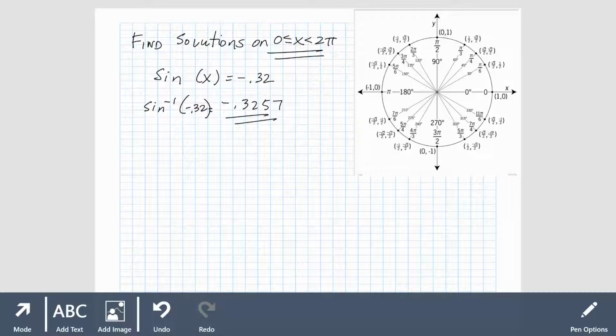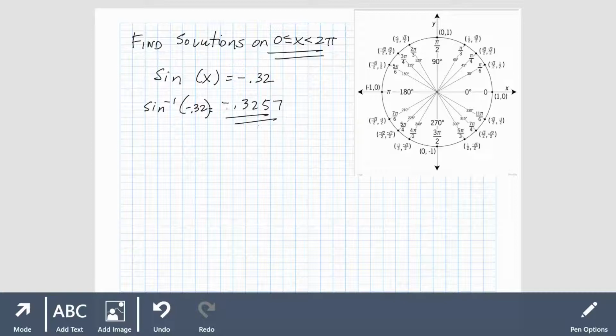This is often going to happen when you're taking the inverse sine of a negative number, because we're going to be getting values here in the fourth quadrant, and we record that as between negative pi over 2 and pi over 2, because that's the range of the inverse sine function. So the calculator is giving you a very limited value. We want our answers on the primary unit circle between 0 and 2 pi.